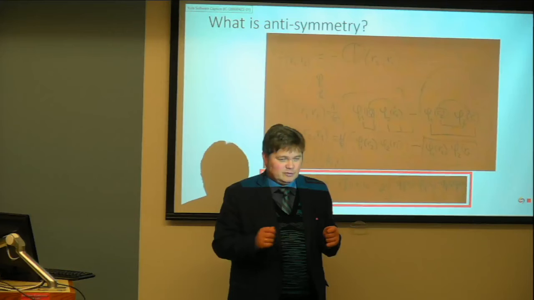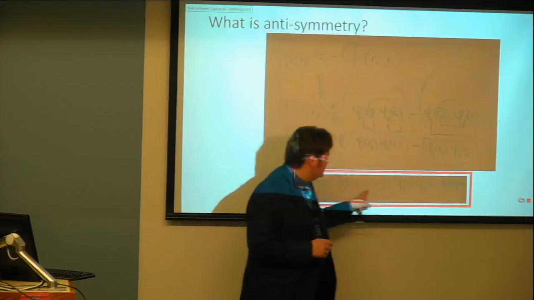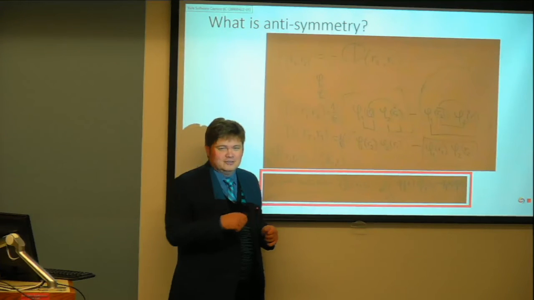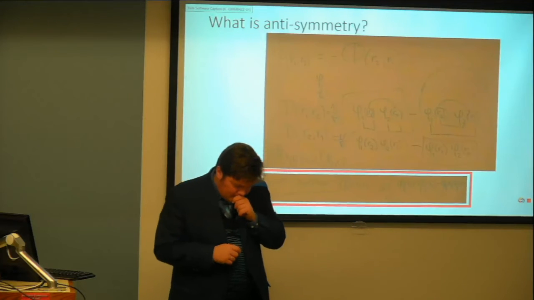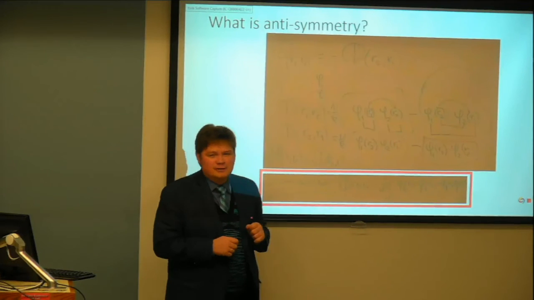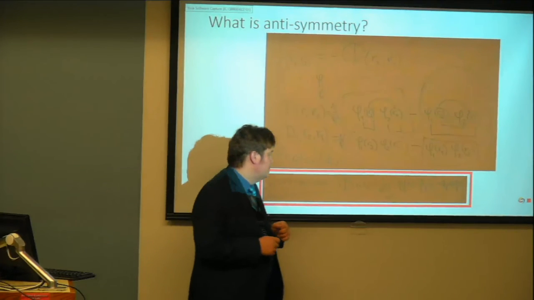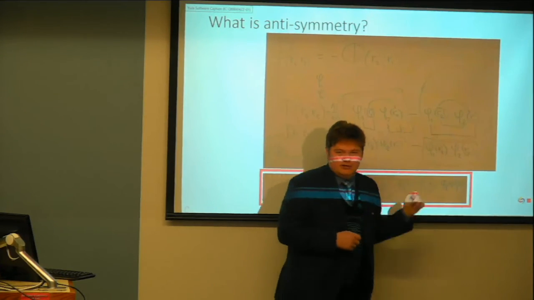So symmetric with anti. And here is the most beautiful, not in calligraphy, but beautiful in idea, thing. Suppose I want to violate our exclusion principle, but I already accept this antisymmetric wave function.